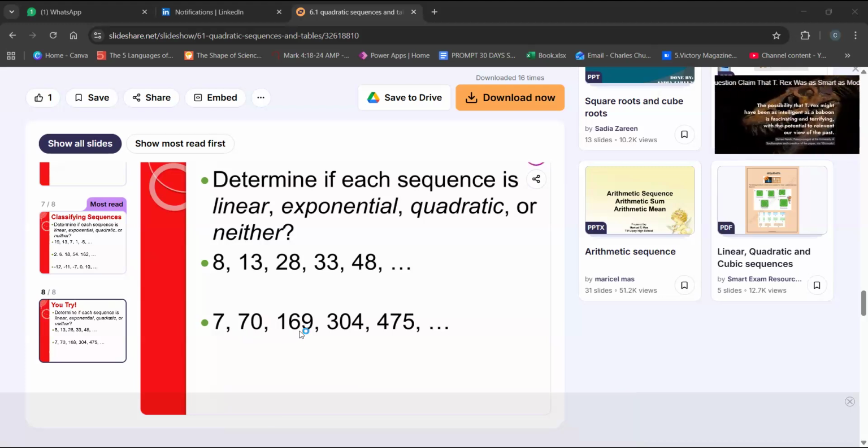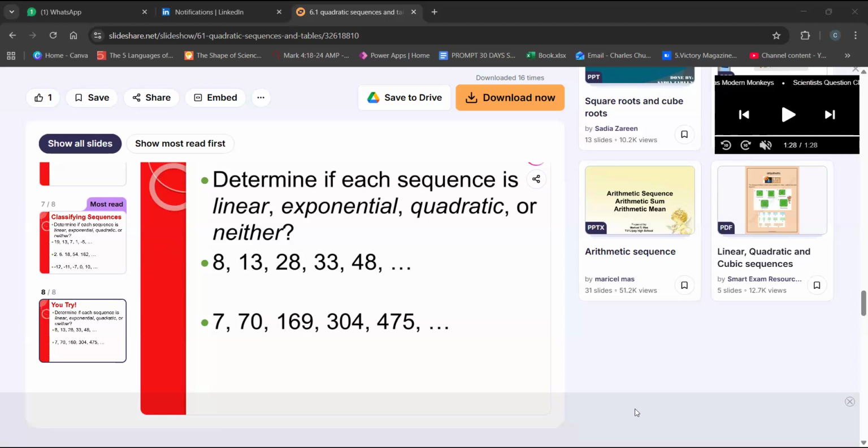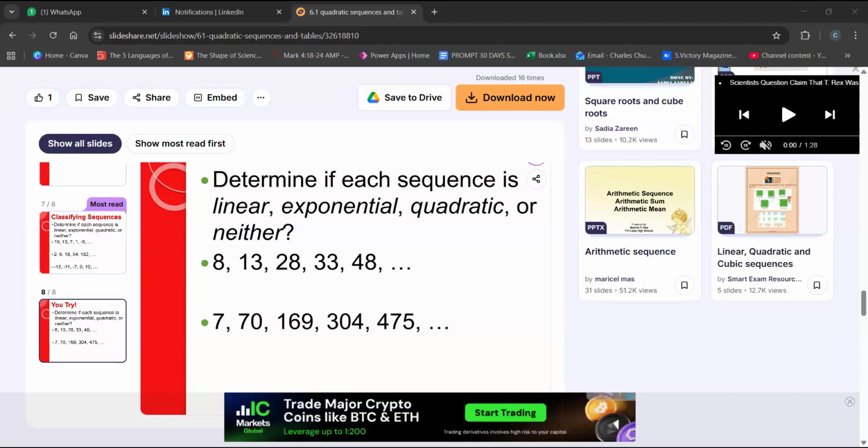7, 70, 169, 304, 475. I think this second one, 7, 70.